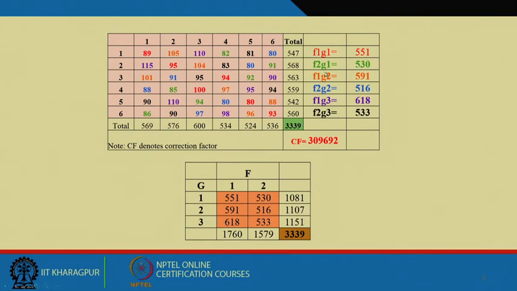So, from this table you will be estimating the blocking factors' effects and their sum of squares. From this table you will be estimating the controllable factors' effects and their sum of squares. But please keep in mind, suppose you consider 551, this is not because of one observation, but because of so many observations.